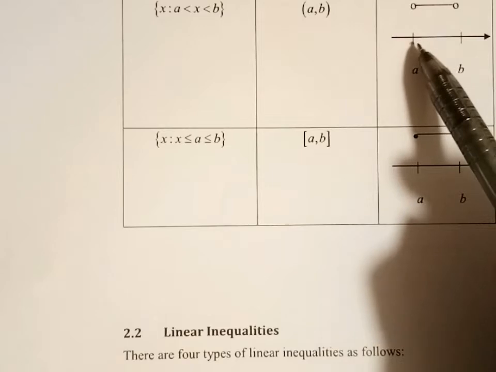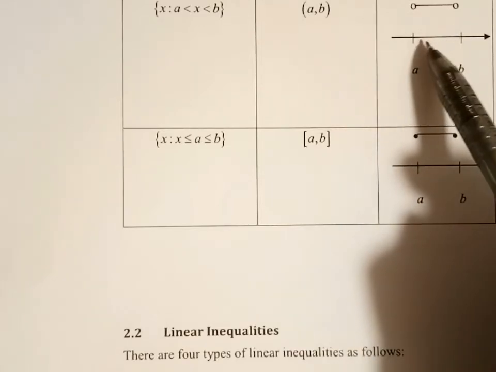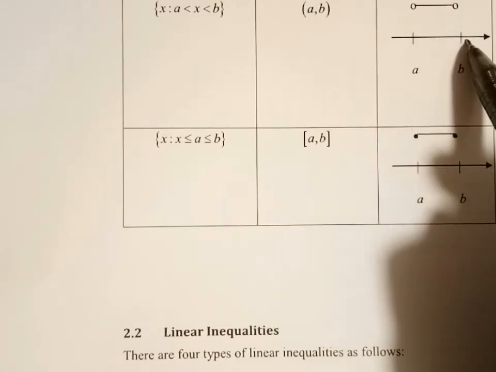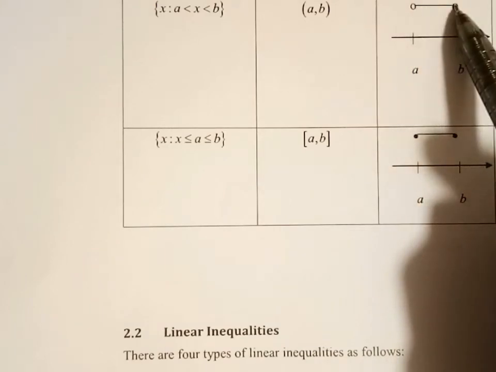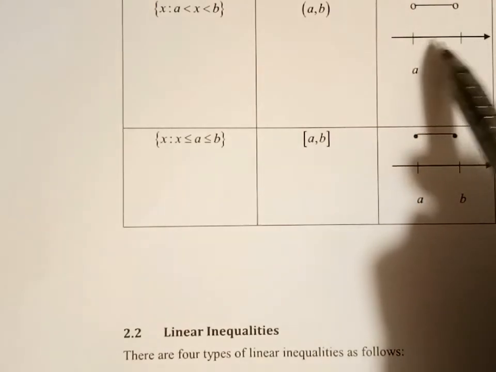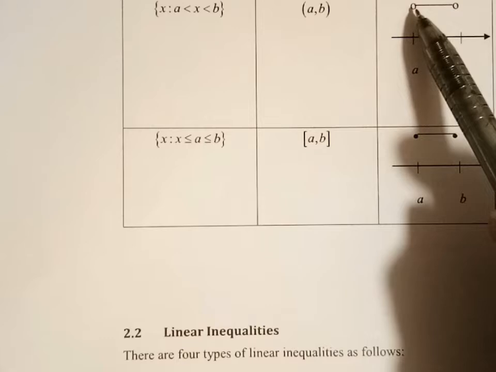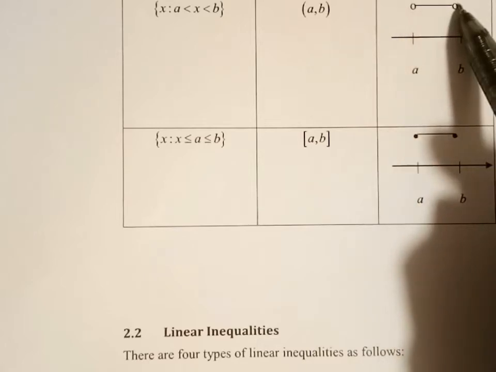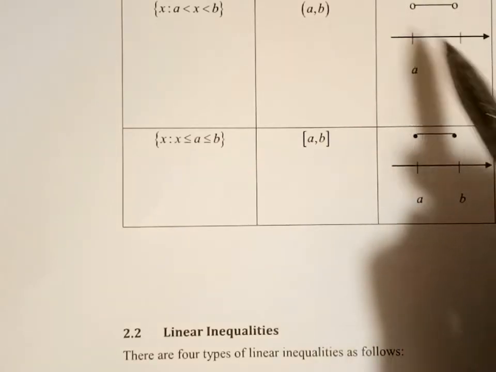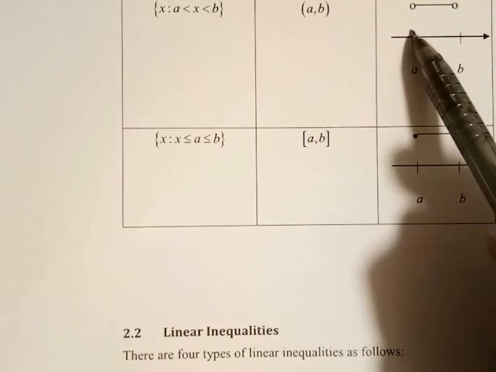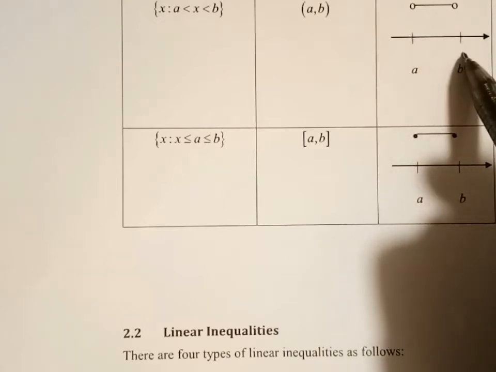On the graph notation, x takes values in between A and B, and at points A and B the dot is blank, since A and B are not included in the set or on the interval.